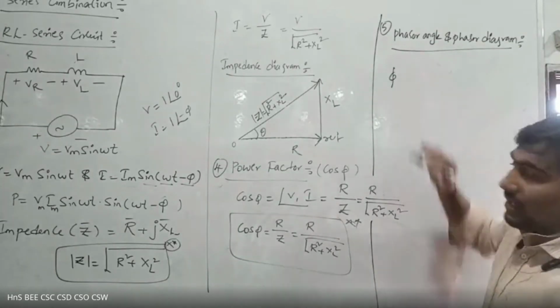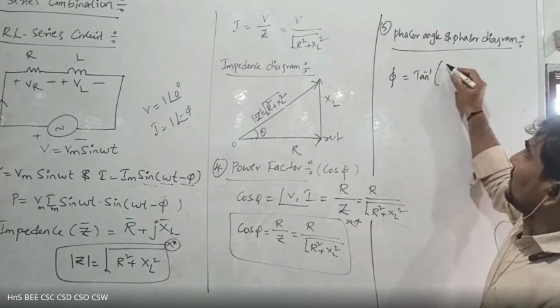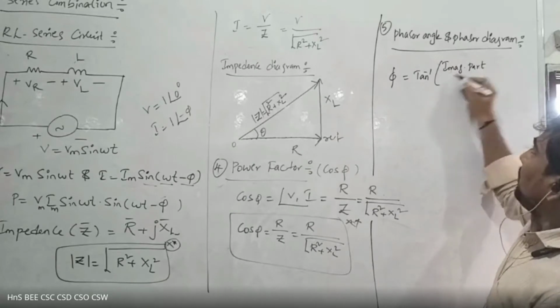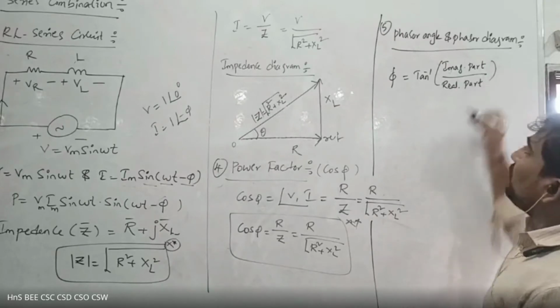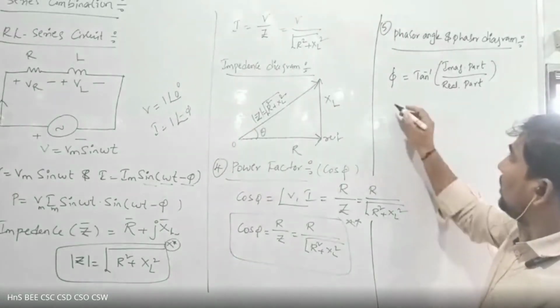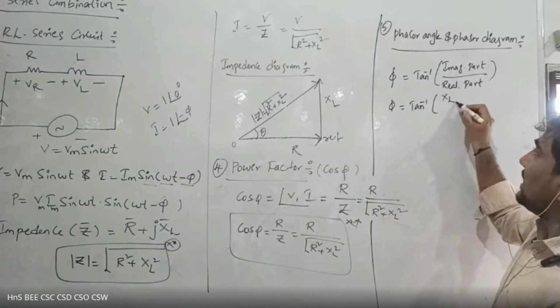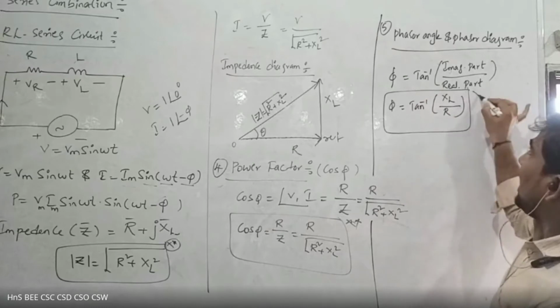Phasor angle is nothing but pi. Pi equal to tan inverse of the imaginary part by the real part, which is the formula to find the phasor angle. Now I am taking pi equal to tan inverse of XL by R. XL by R is the formula for the phasor angle.